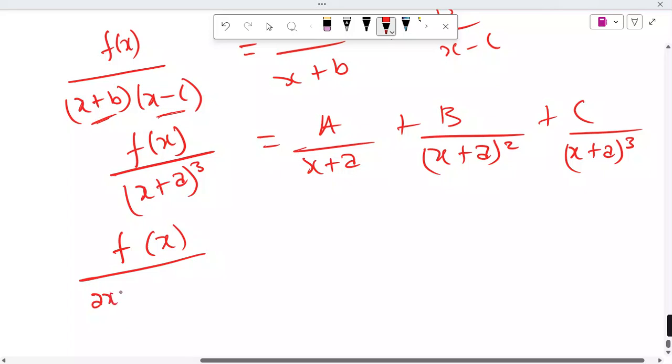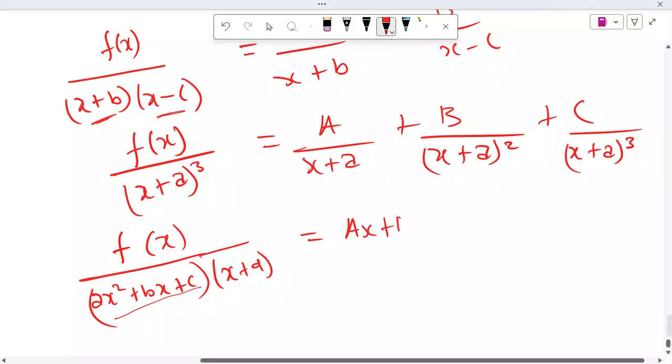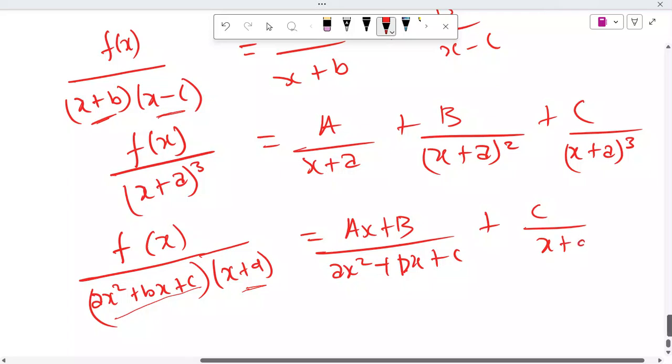So let's say you also have another standard form. Let's say this time you have a quadratic times a linear function. So this one we just don't write a, because the coefficient for this function here will have x, so we write ax plus b over ax squared plus bx plus c, plus, this one is linear, so we'll just say c over x plus d.